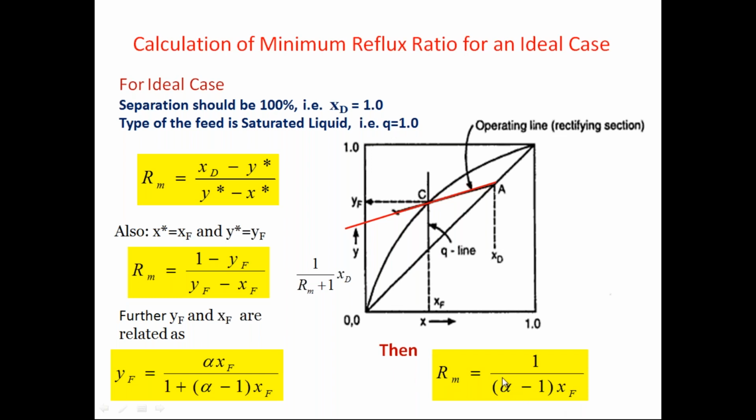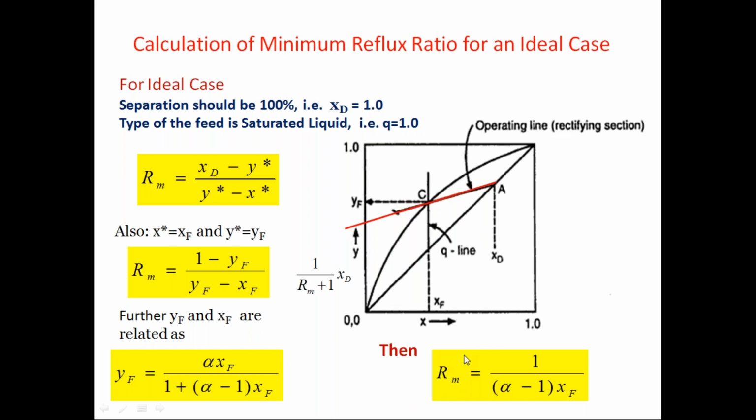Similarly, you can also see that alpha is the relative volatility. If the relative volatility of the system increases, then the R minimum required in the operation will be very less. If alpha is very high, there is no necessity of the reflux ratio. That is how we should understand it, because we have derived for which system batch distillation or equilibrium distillation can be selected: the system which has more alpha.